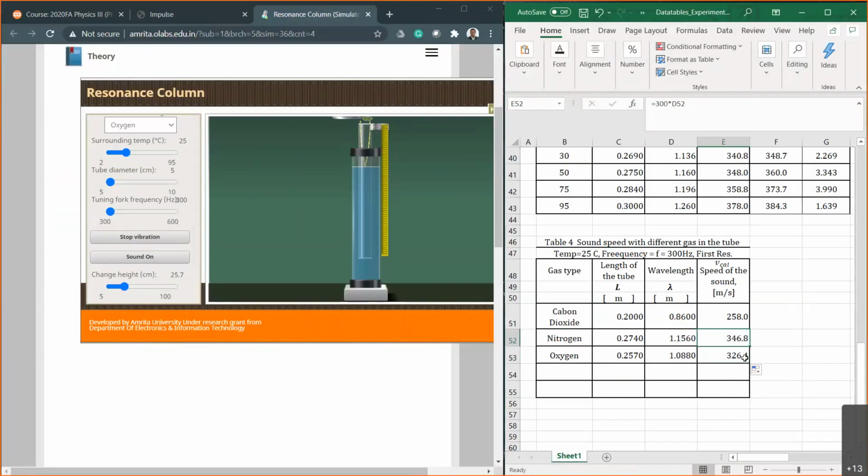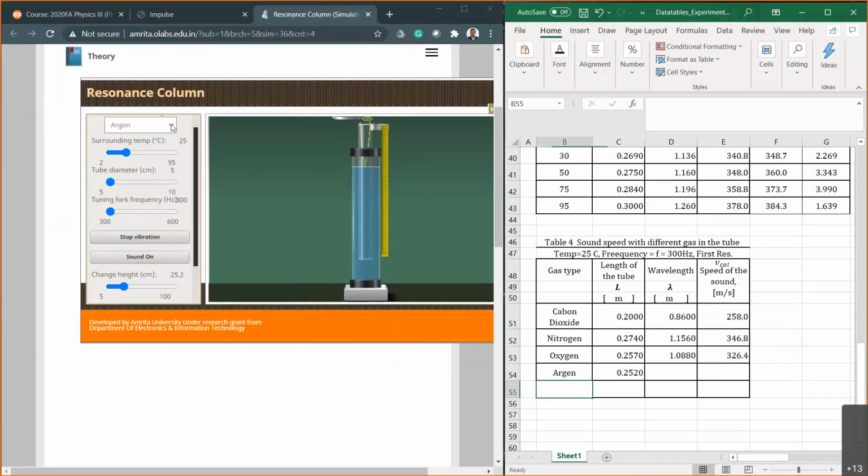If you click and drag downward, it will do the calculation for you, right? So the next two, argon and then chlorine. Let's do argon. Sound on. 25.2. 0.252.